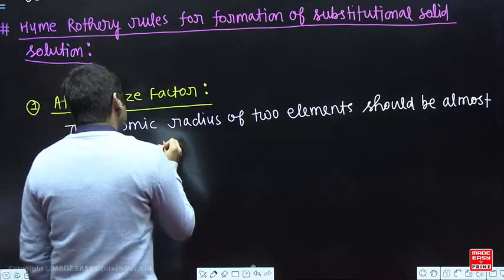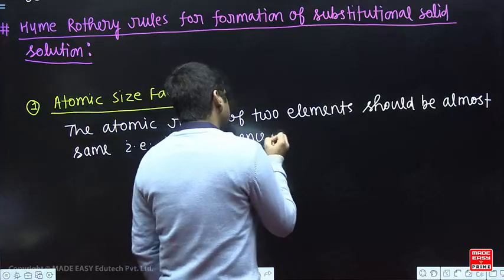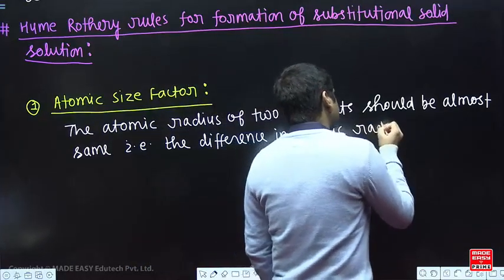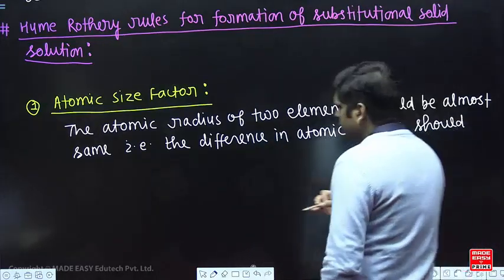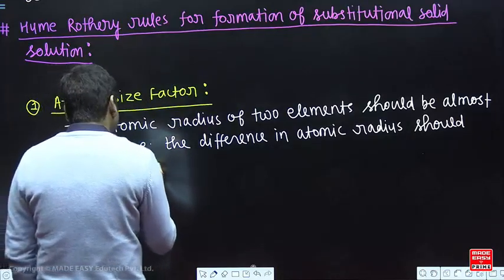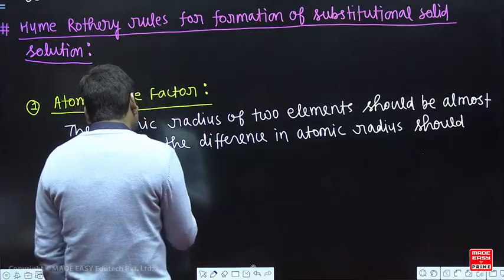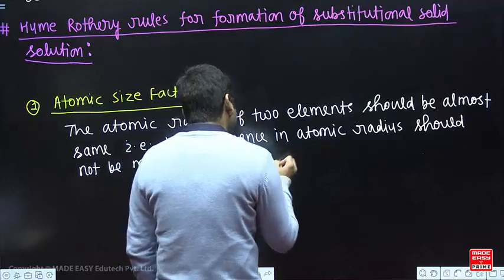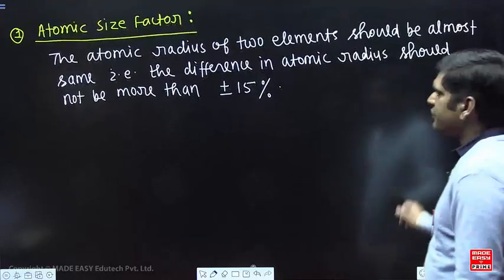That is, the difference in atomic radius should not be more than plus minus 15%. This is the atomic size factor.